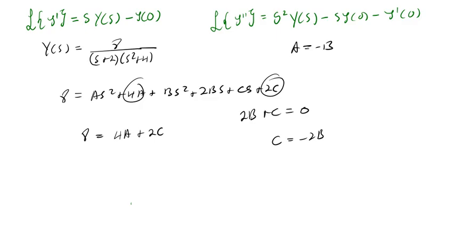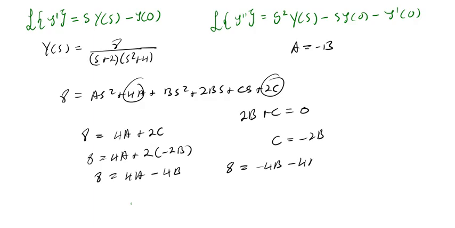Okay, let's see how this turns out. If we put 8 equals 4a plus 2 times minus 2b, this will be 8 equals 4a minus 4b. Then where there's a, if you plug in minus b, that would be minus 4b minus 4b, so 8 equals minus 8b. Your b equals negative 1.